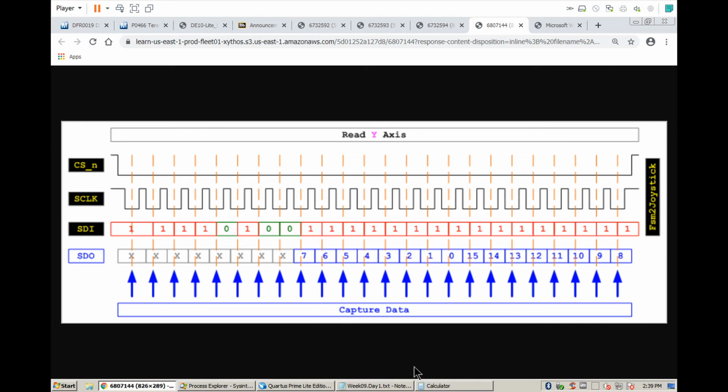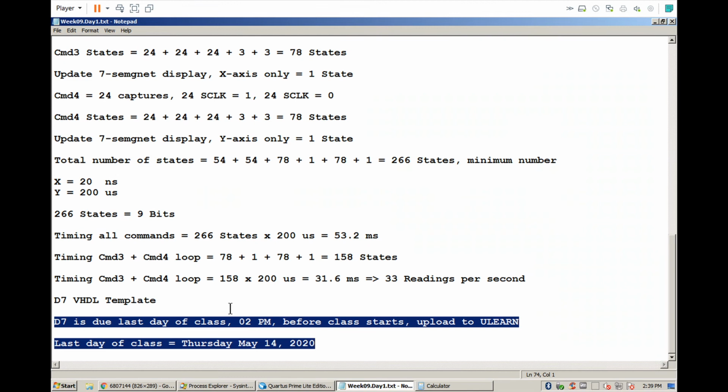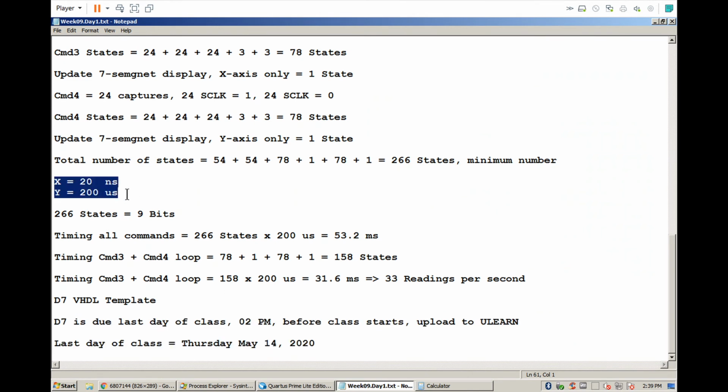The only thing you need to be careful about is if you do not do this correctly, the speed will change, and you may be reading it too fast or too slow. Now, 200 microseconds is a very good number. If you make it 300, you just slow down everything.